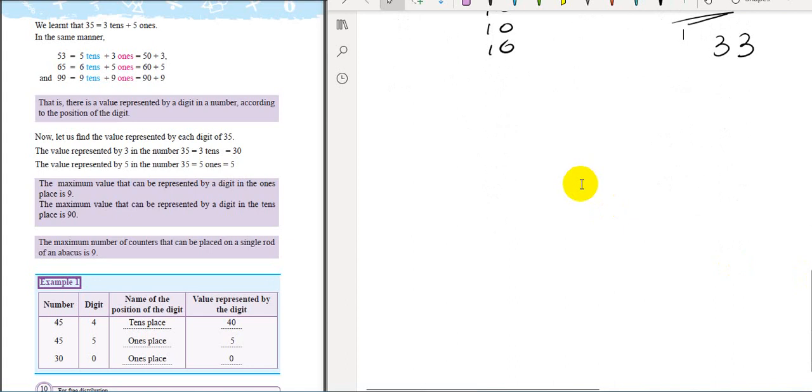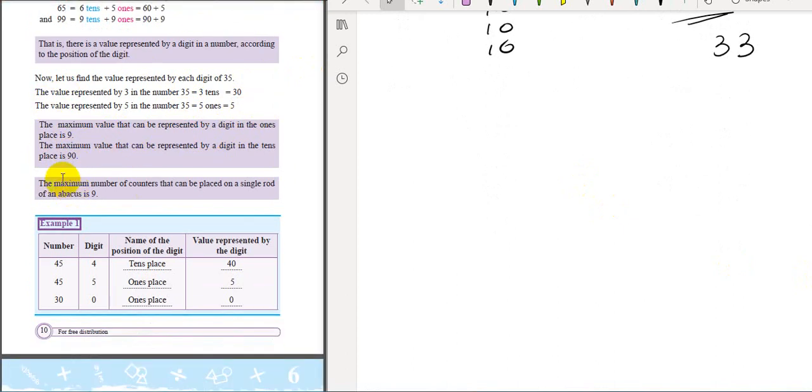Now we'll go to the next part. The maximum value that can be represented by the digit in the ones place is 9, because if you go to 10, there are 2 digits, 1 and 0. So from 1 up to 9, we can represent only 1 digit.